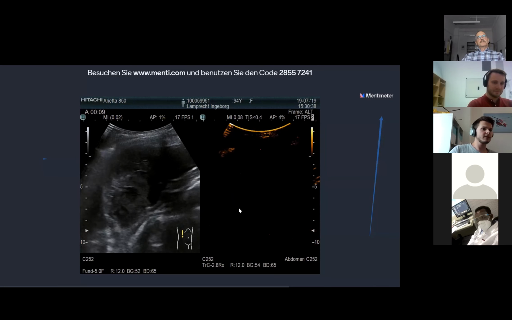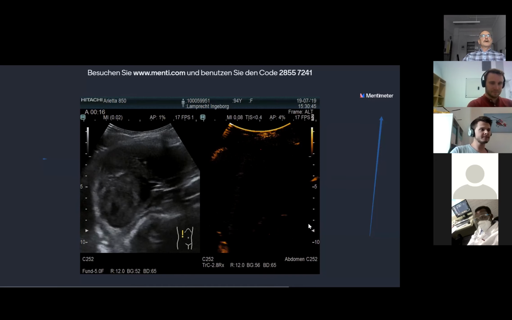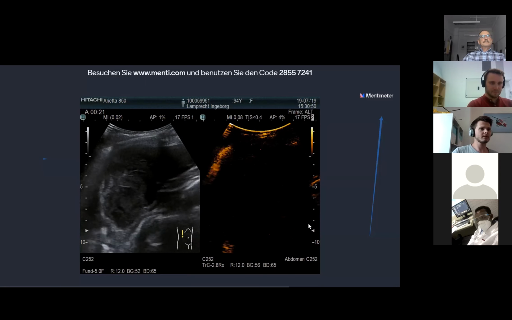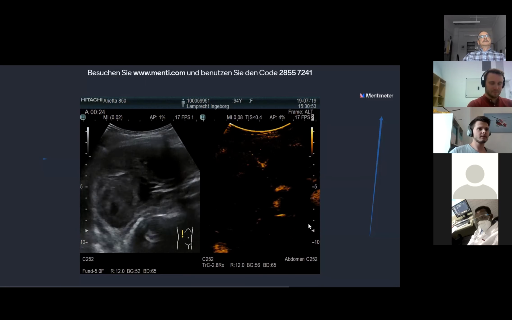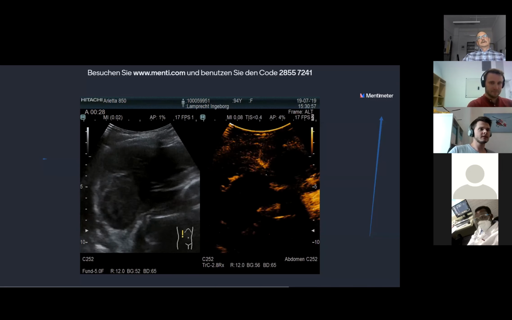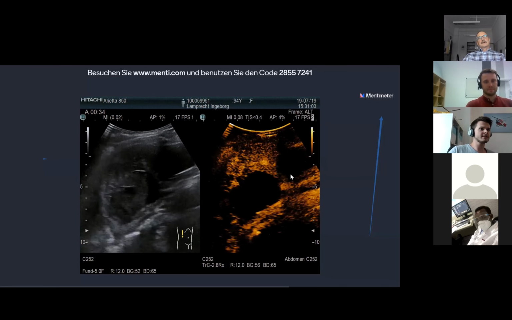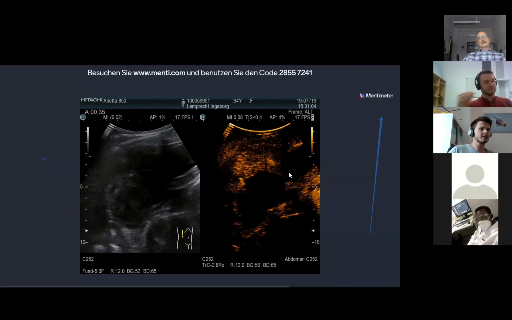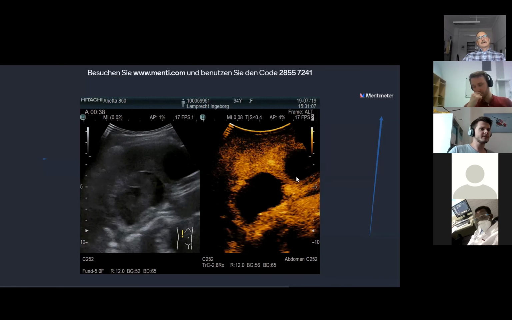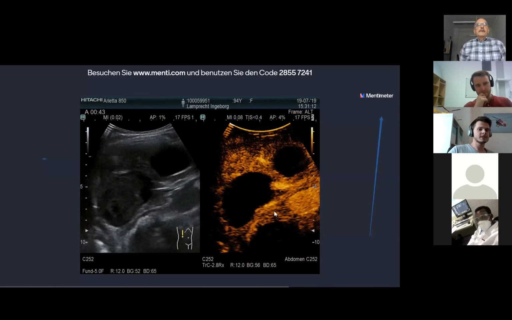And this here on this side is this lesion exactly. You can see the ultrasound bubbles go into the liver. This is our liver cyst, our first one, and this is the second one.